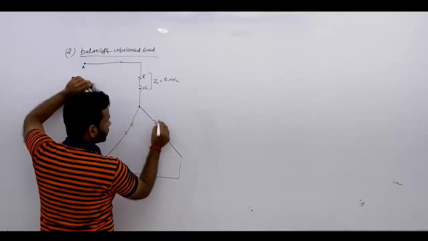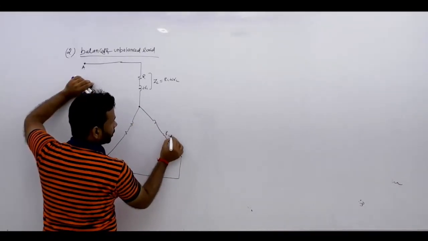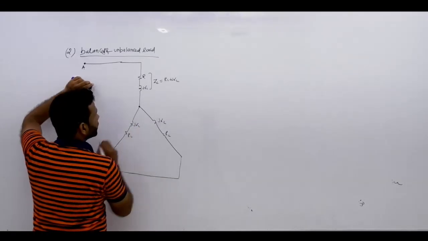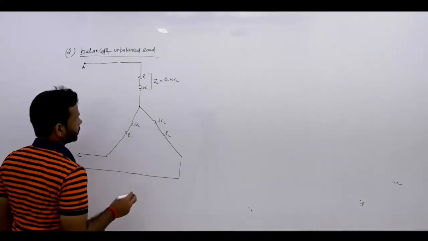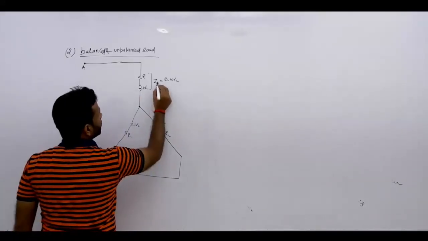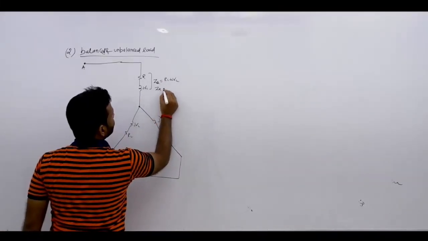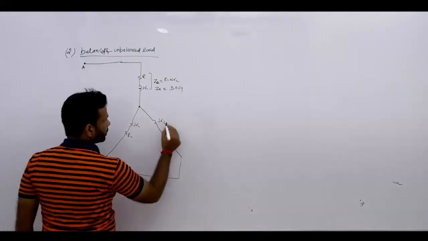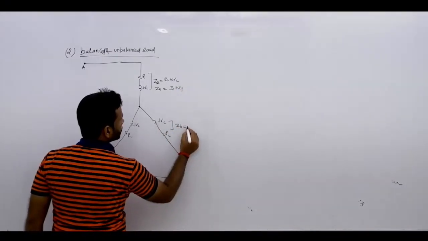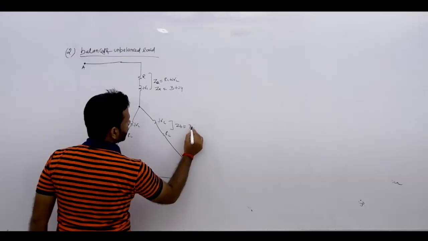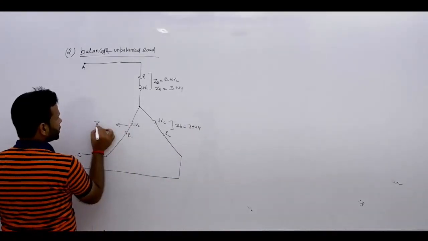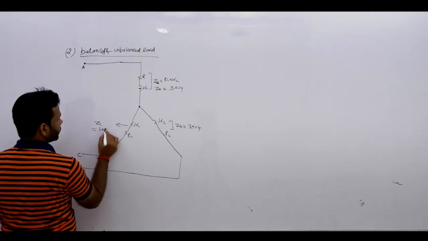Similarly, this is RL, JXL, RL, JXL. ठीक है. Now, if you see, this is the A phase, that is ZA equals to 3 plus J4. Similarly, ZB is equals to 3 plus J4, and similarly ZC is equals to 3 plus J4. Okay.